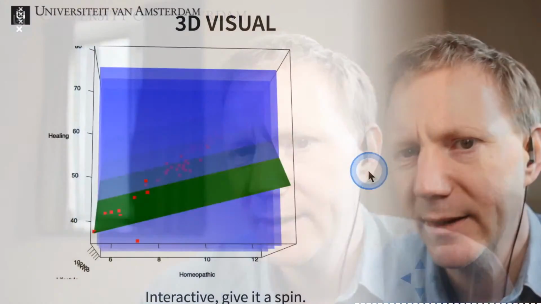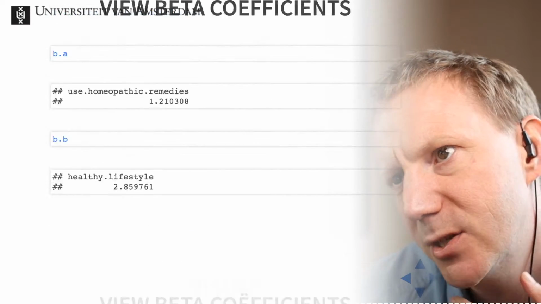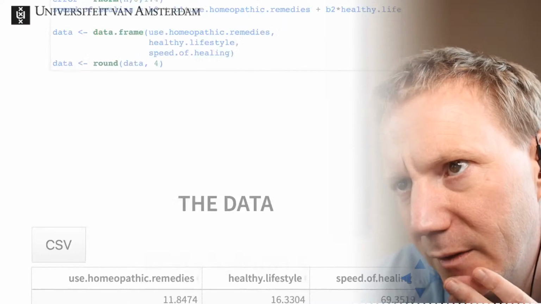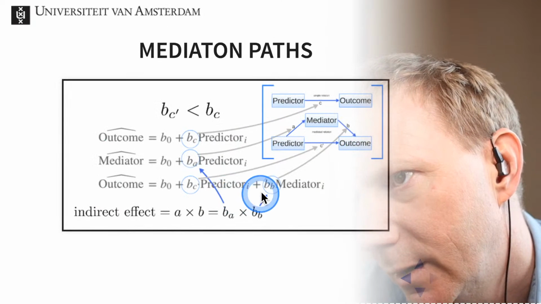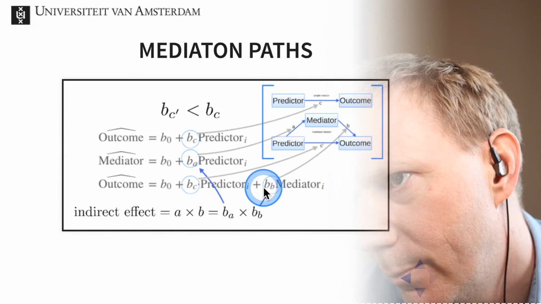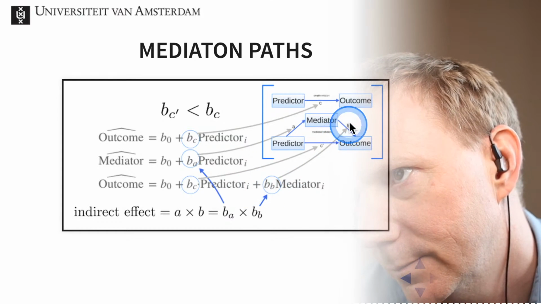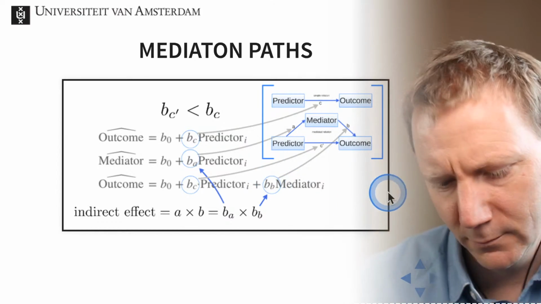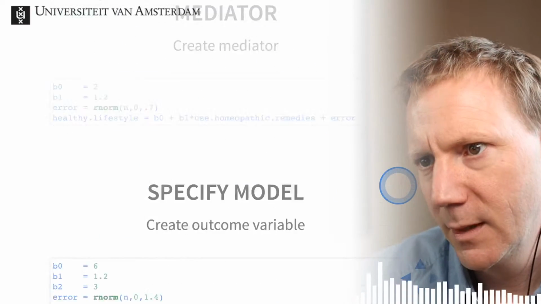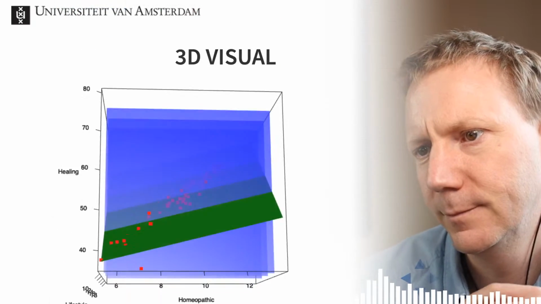So one more question. If I look at this one again, let's see. If I would ask you, where would you point if we're talking about this one, the beta from B, the mediator? So it's on the left-hand side, the slope of the green plane, but then on the left-hand side.